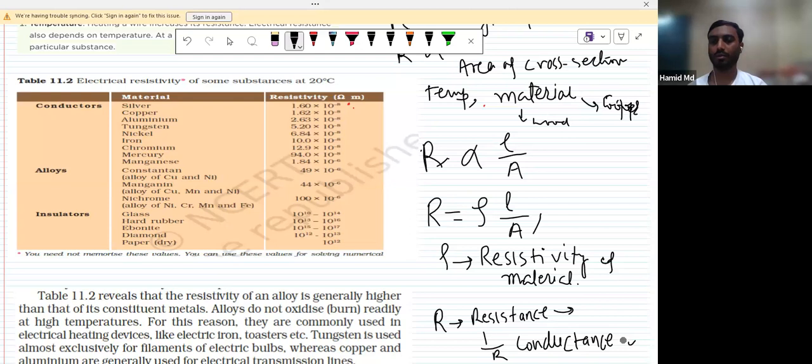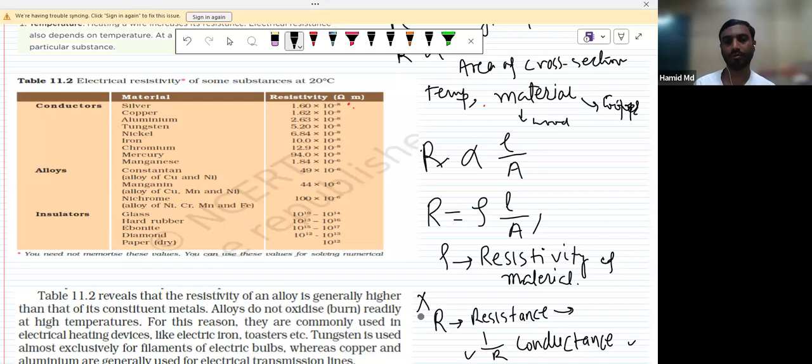The amount of current to allow. Conductance means to allow, and resistance means to stop.